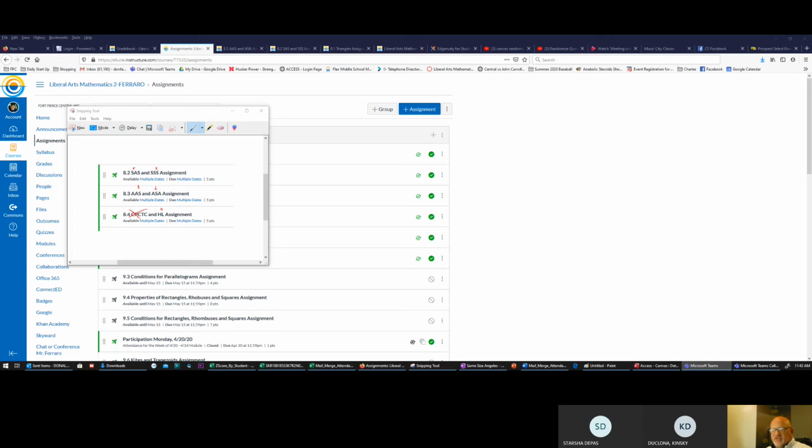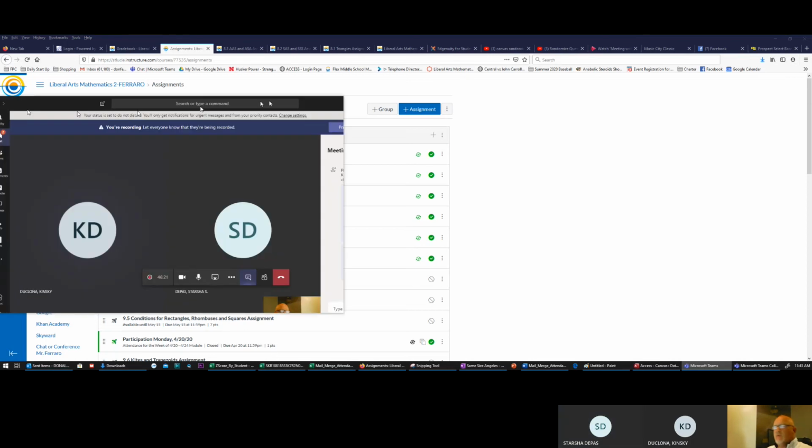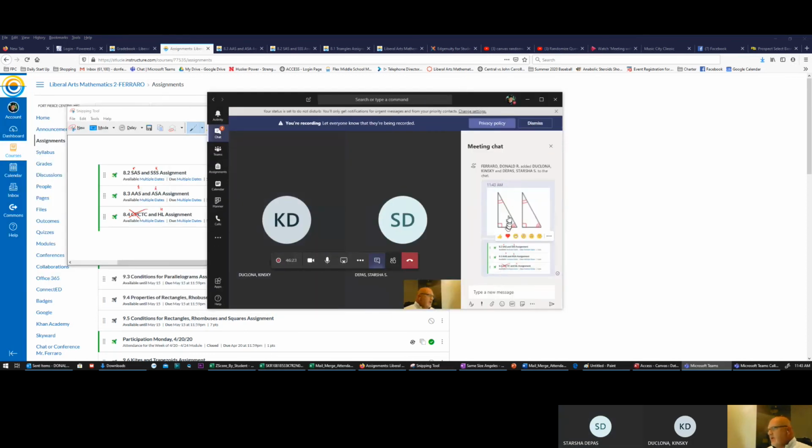I just sent you a photo of that in the chat. So you've got side, angle, side; side, side, side; angle, side, angle; and hypotenuse leg. Make sure you write those down before you retake this test.